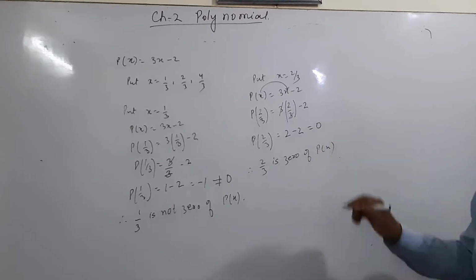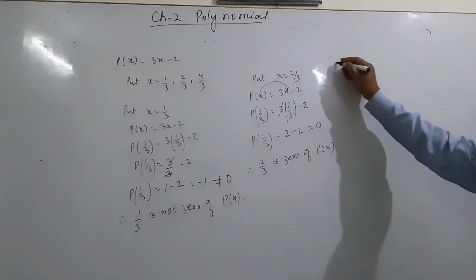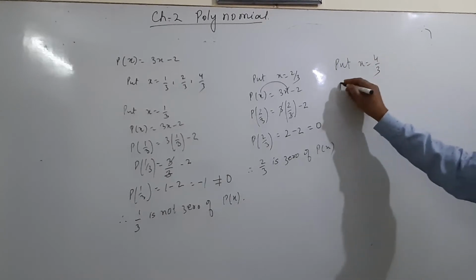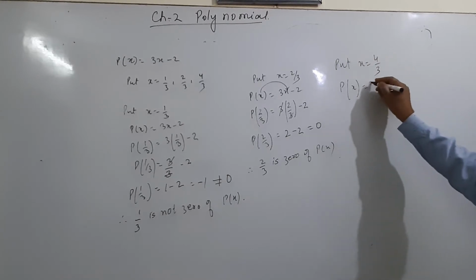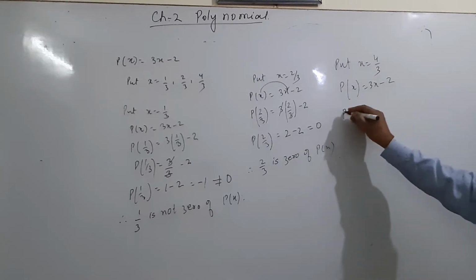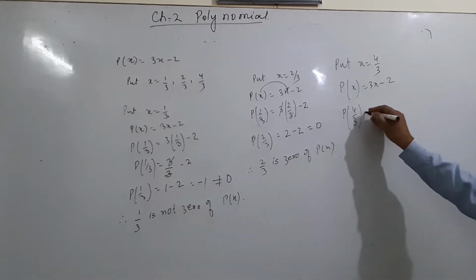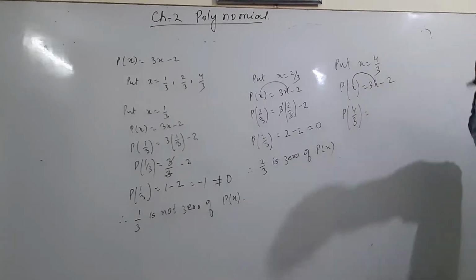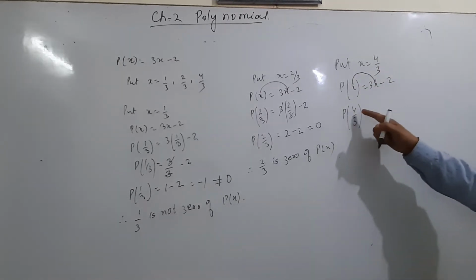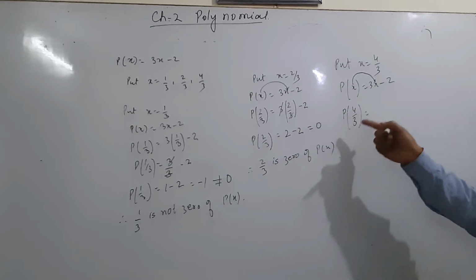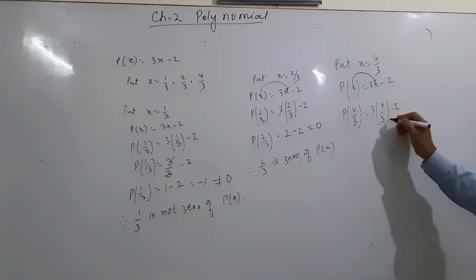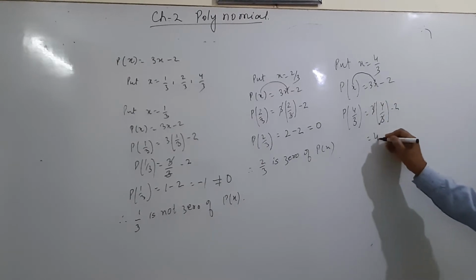And now similarly, put x equal to 4 by 3. P(x) = 3x - 2. P(4/3) equals, we have to put 4 by 3 in place of x. 3 into 4 upon 3 minus 2. The 3 will cancel, 4 minus 2.